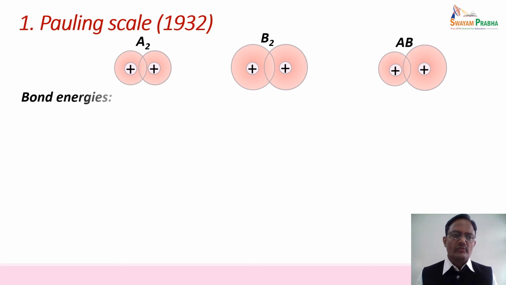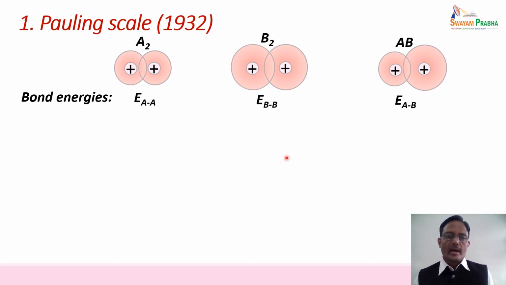And the bond energies of A2, B2 and AB molecules are EAA, that is bond energy between A and A atoms, EBB, that is bond energy between B and B atoms, and EAB is the bond energy between A and B atom.